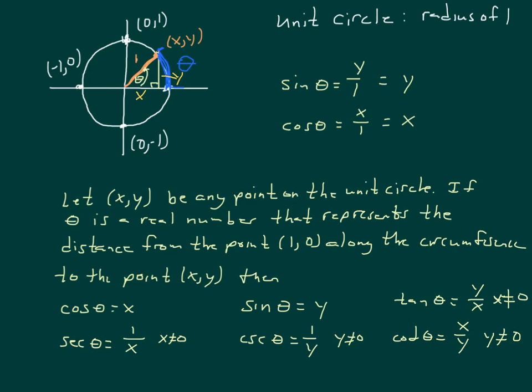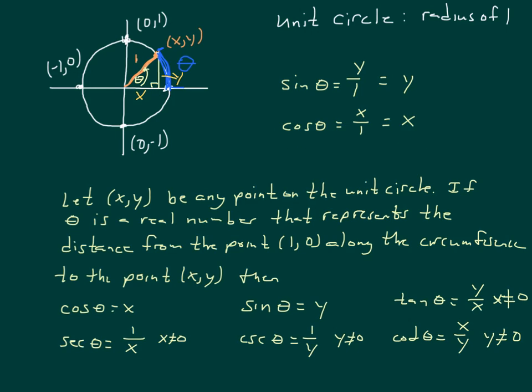Now, by SOHCAHTOA, the sine of this angle is opposite over hypotenuse, so I'll get sine of theta equals y over 1, which is y. And the cosine of theta is adjacent over hypotenuse, so cosine of theta is equal to x over 1, which is x.